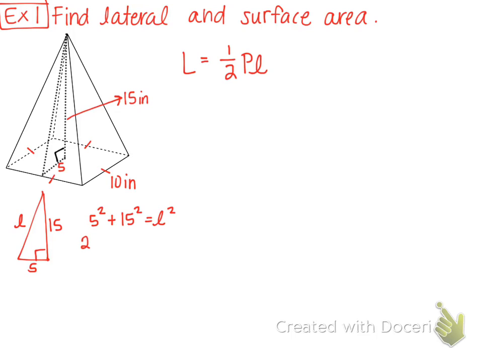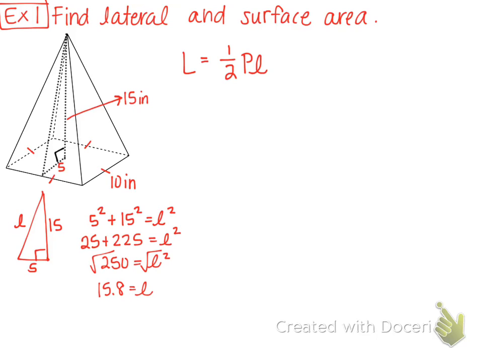So it's 25 plus 15 squared is 225 is equal to L squared. So then we add 225 and 25 and we get 250. And then I have to find the square root of both sides. So the square root of 250 is 15.8. And that is my L.